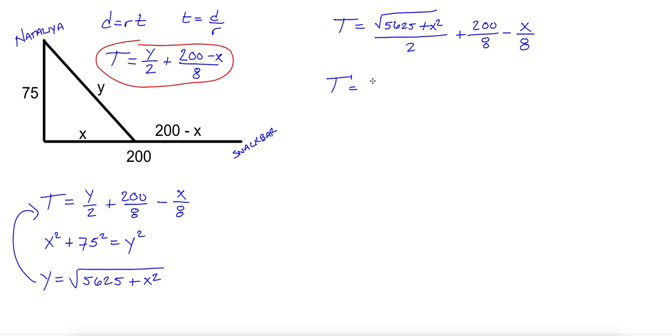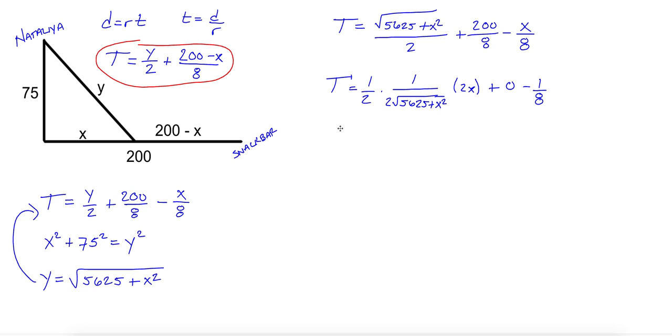We're going to get 1/2 times 1 over 2 times the square root of 5625 plus x squared, times the derivative of what's inside, which is 2x, and then plus the derivative of 200 over 8, which is 0, and then the derivative right here is just going to be minus 1/8.